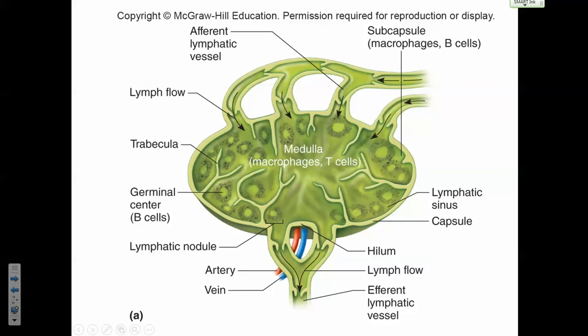Here you notice inside the lymph node these clusters. These are some clusters of lymphocytes. And the whole reason the lymphatic system is called the lymphatic system is because it has organs that house lymphocytes.